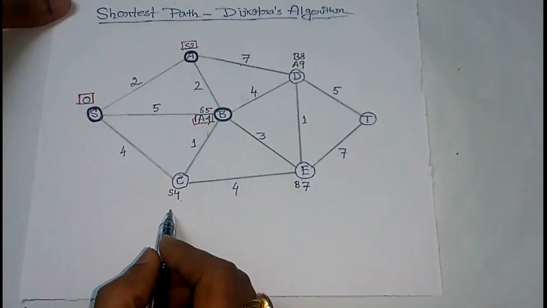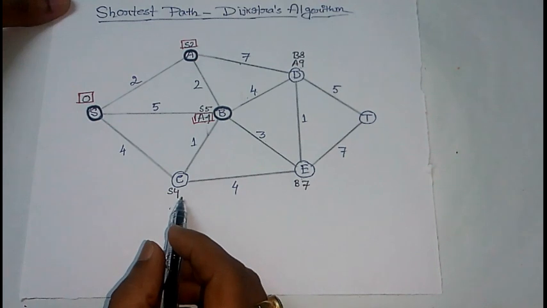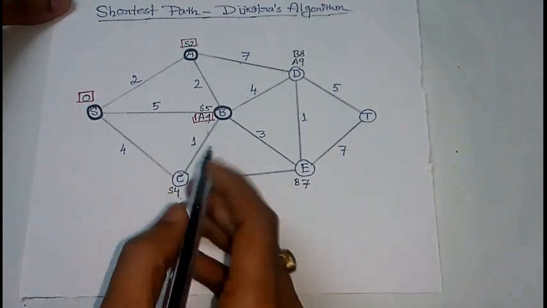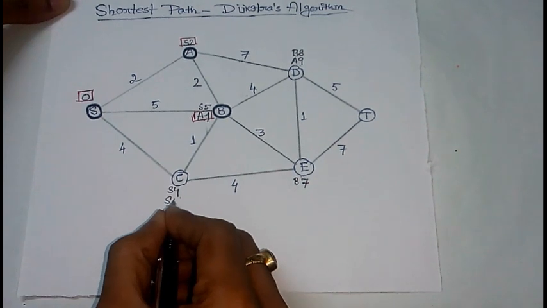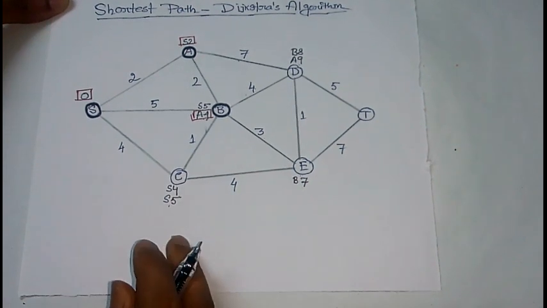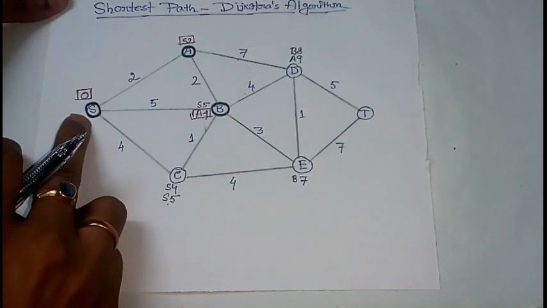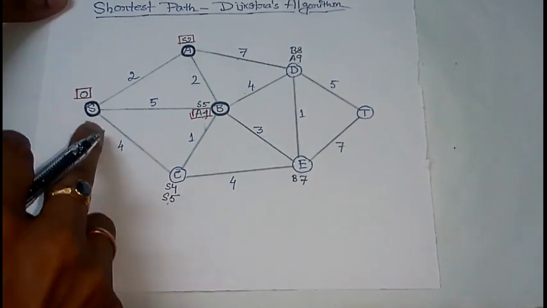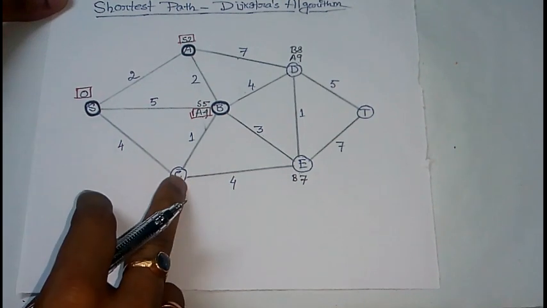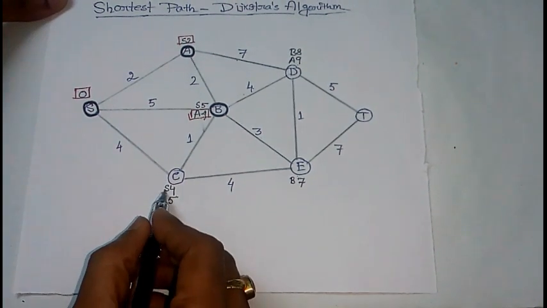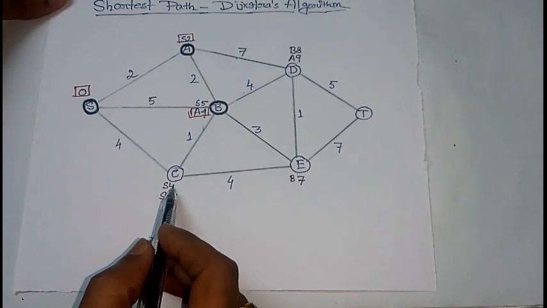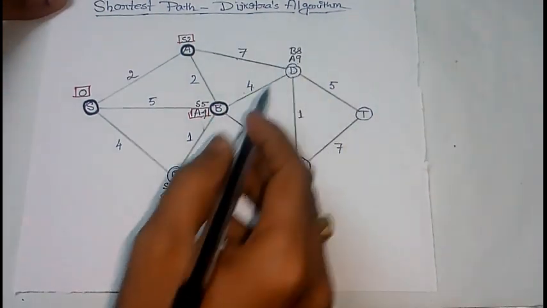Next, consider C. So what should be the temporary label of C? It should be 4 plus 1, that is 5. So it should be B5. Next, consider the vertex S, and there is only one vertex C which is adjacent to S, and the distance between S and C has been calculated already, that is S4. Now we have 5 temporary labels: 4, 5, 7, 8 and 9.